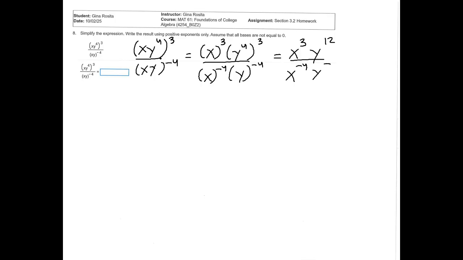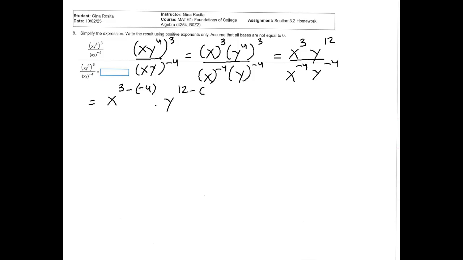Use the quotient rule now. So x cubed minus a negative number, we have to use the parenthesis, minus negative 4, times y, 12 minus negative 4.